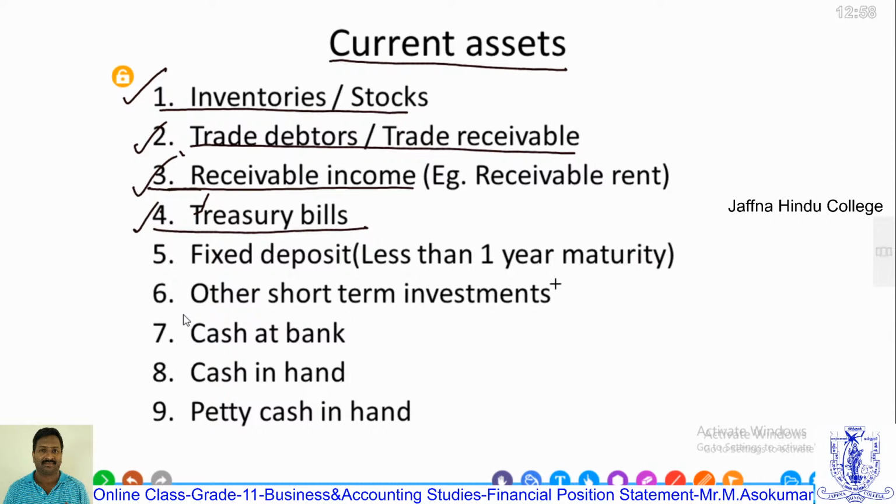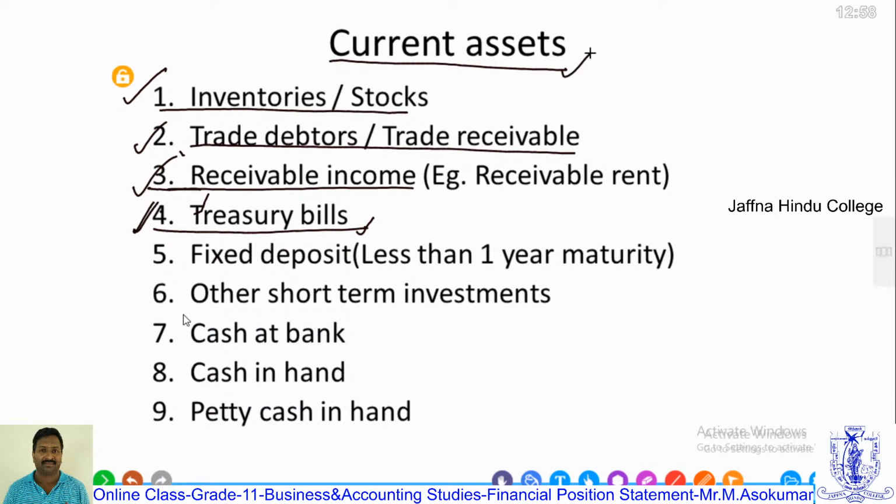Then at the maturity date, we submit it and collect the face value of that amount. That is called treasury bills. This is also one of the investments, a short period investment, 3 months or 6 months. Therefore, it is considered under current assets.